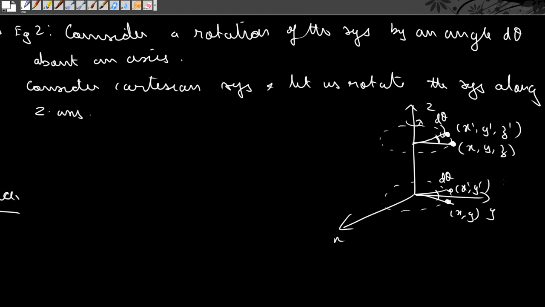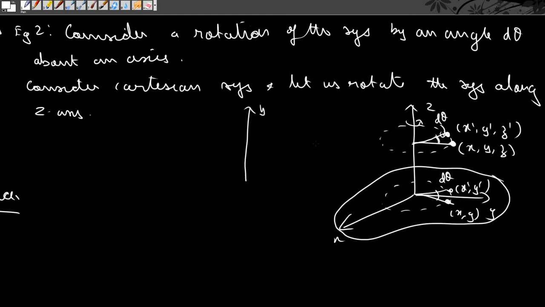So now since we only need to observe this part, let me draw it here. Y, x, we have xy and x dash, y dash. If I consider this to be the position vector, then the position vector is rotated by an angle d theta. And we know that such a rotation operation can be represented in the matrix form as follows.